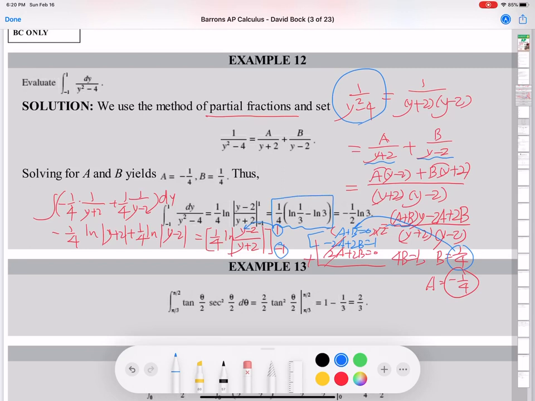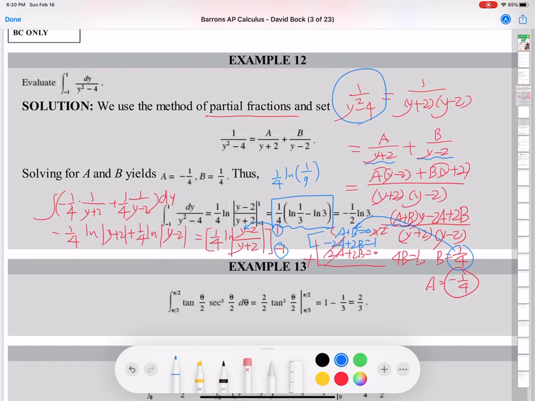And then if we simplify that using properties of log, how can you do that? It is 1 over 4 times ln 1/3 minus ln 3. If you subtract two ln's, you just divide the two numbers, right? 1/3 over 3 is 1 over 9.